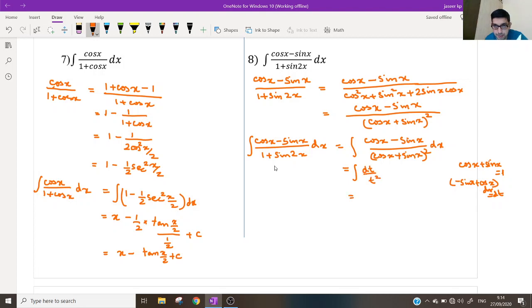So the integral is t to the power minus 2 plus 1 divided by minus 2 plus 1, which is nothing but minus 1 by t plus c. So minus 1 by t is minus 1 by cos x plus sin x. So the integral of the given expression, cos x minus sin x divided by 1 plus sin 2x, is nothing but minus 1 by cos x plus sin x.